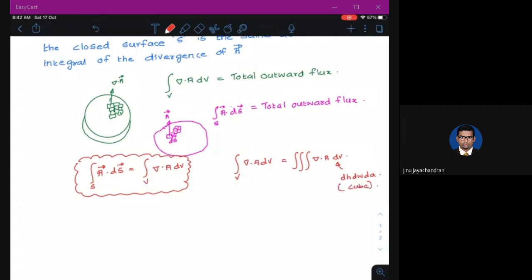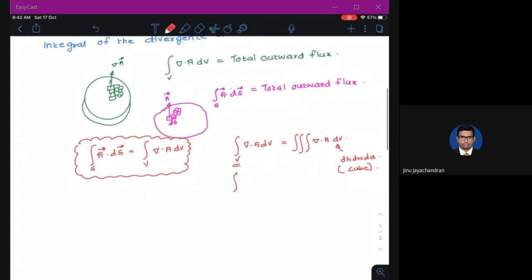Similarly, if it is a sphere, then you will have the radius and the angles that we have seen in the spherical coordinates. Okay, so don't confuse the single integral with a normal integral here. The single integral here, if you represent it as V, it means that there are triple integrals. Similarly, the surface integral A dot dS is actually the double integral. So there should be a double integral sign here, A dot dS.